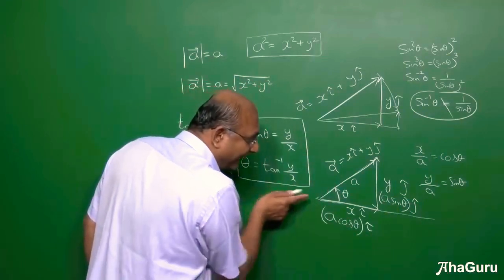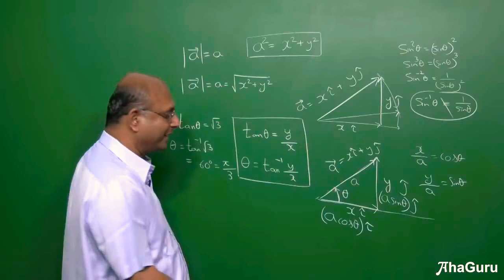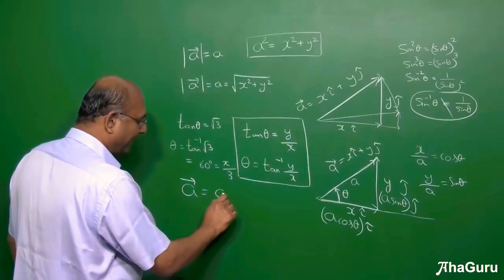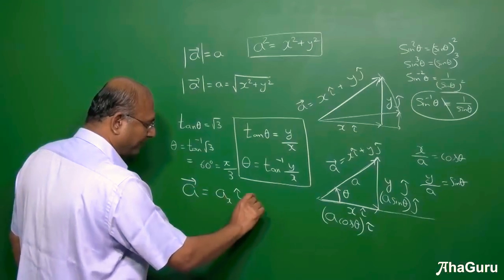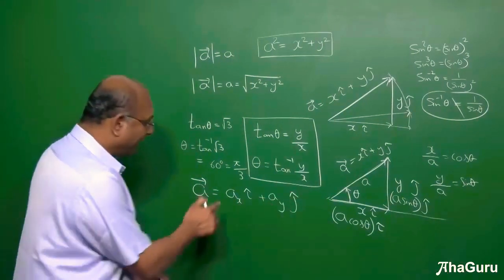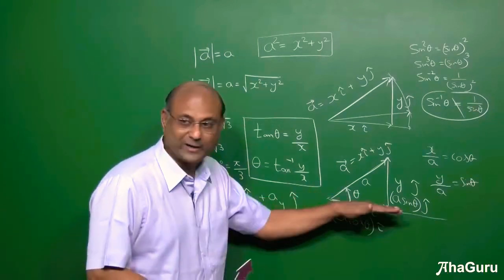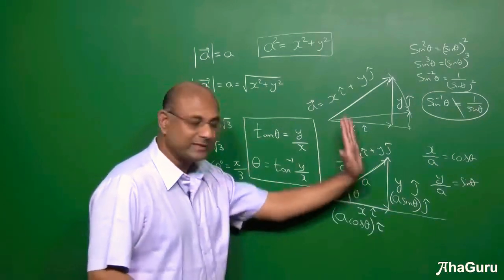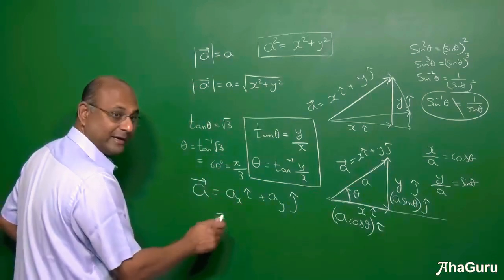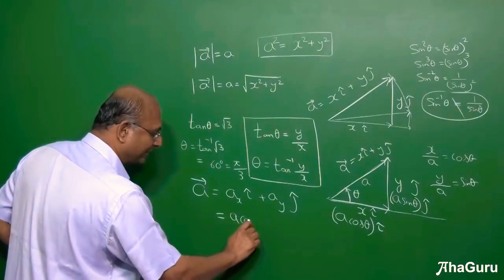This is called the x component or I component. Usually we will write a vector is ax I cap plus ay j cap. Ax is called the x component, ay is called the y component. So ax is what? It is a cos theta.